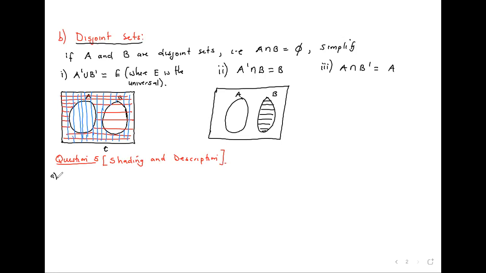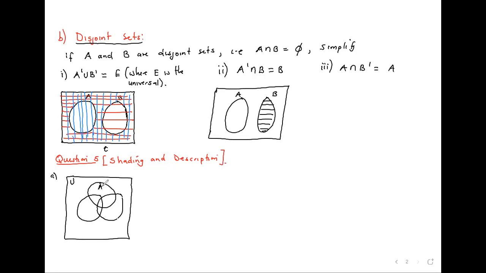So something has been shaded for us. You have a set A, then you have a set B, then you have a set C, sitting in the universal. This is A, this is B, and this is C. Then we shade this part here. How do you interpret this shaded part here? How do you describe it?